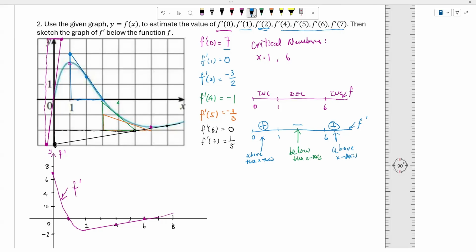Let's see if this graph behaves this way. Between 0 and 1, it is above the x-axis for f prime. Between 1 and 6, it is below the x-axis. And then from 6 on, it is above the x-axis. Yeah, that works, right?